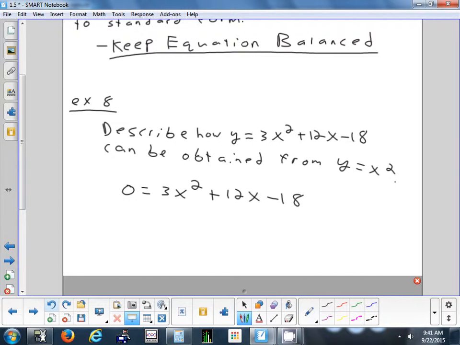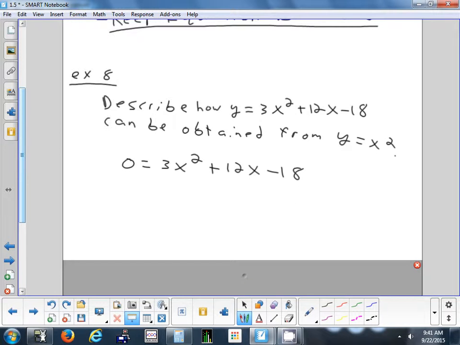The reason I like to get everything on one side to start is I want to make sure my x squared term is positive. I just like it with that positive. The middle term could be positive or negative. And now I have the 18. My next step, I think this will make it a little easier: let's put that 18 back on the other side.